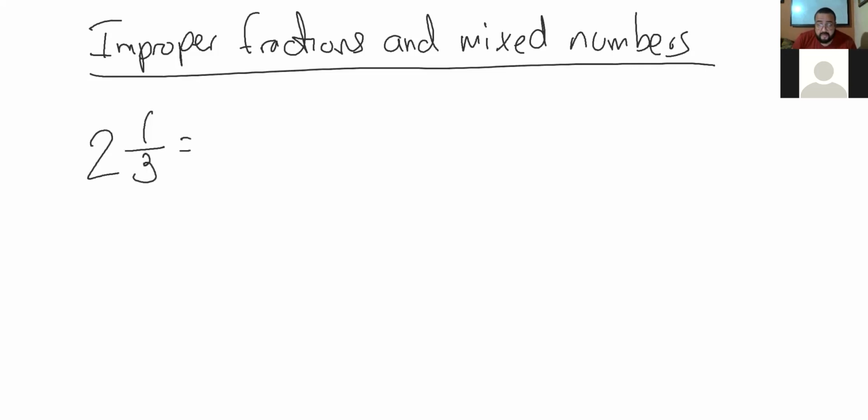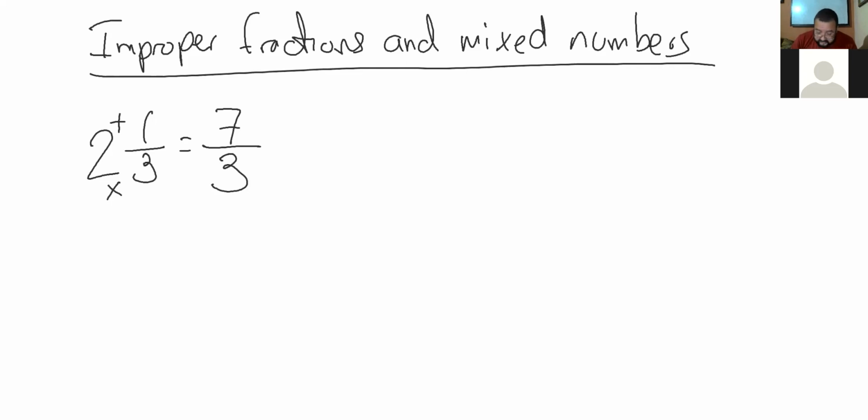This is a mixed number. We need to convert it to an improper fraction. How do we do it? Multiplying 3 times 2 and then adding 1. Let's do it. 3 times 2 equals 6. And 6 plus 1 equals 7. So you're going to write 7 in the numerator and the same 3 in the denominator. So the answer is 7/3.